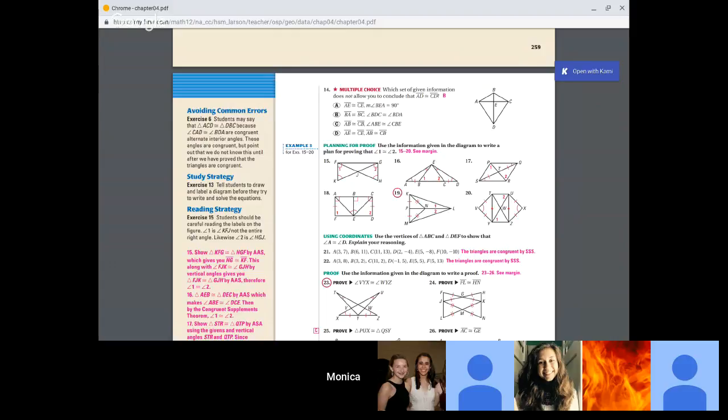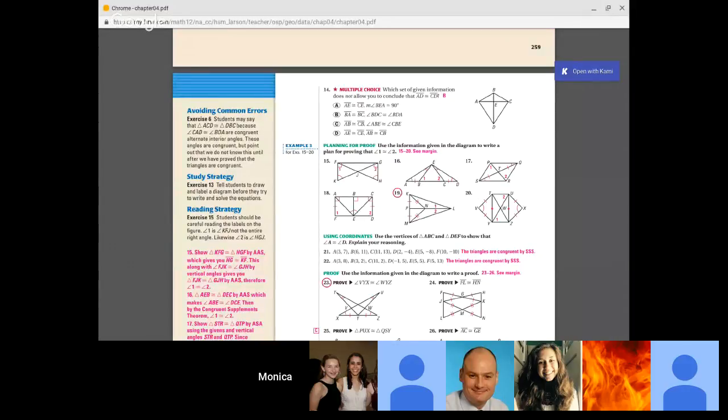And we know these two are linear pairs, so this side's 90 degrees as well. So when we talk about these two triangles here, we know this side, this angle, this side, this angle, and then we also know this side because of the reflexive property. So that proves that these two triangles are congruent, which would give us reason to see that those two sides would be congruent. So A would work, okay?